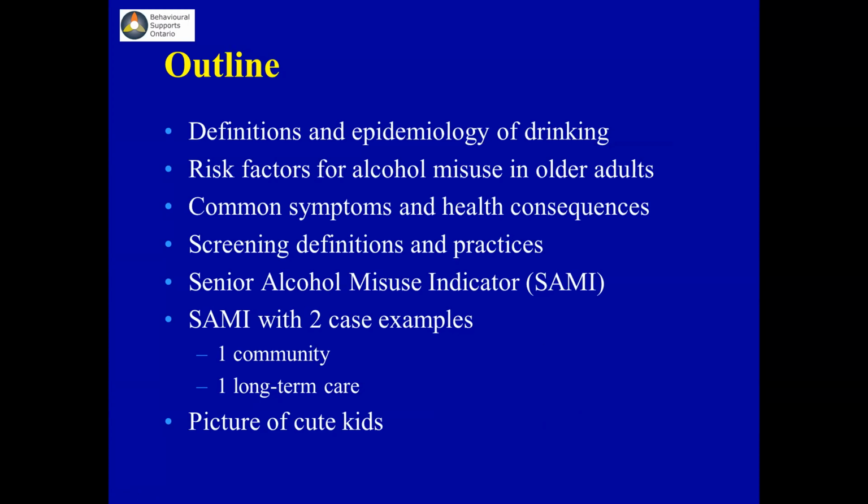We'll talk broadly about screening definitions and what best practice guidelines suggest for screening for alcohol-related problems among older adults. And then we come to the meat of the presentation, which is the introduction of the Senior Alcohol Misuse Indicator tool. And I will use two case examples, one based in the community and one in long-term care, to help illustrate how the SAMI can be used, how to score it, and what it means.